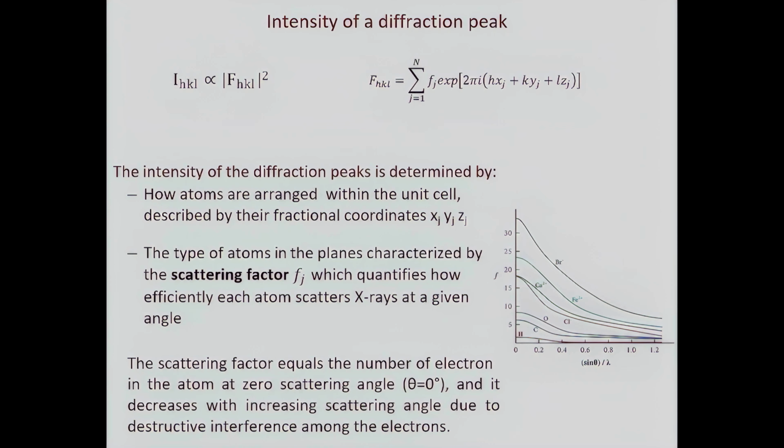Here we are exactly at Bragg's condition, where we completely fulfill Bragg's law, and then we collect the maximum signal. Then we move with theta, the destructive interference increases, and the signal given by your crystal decreases.